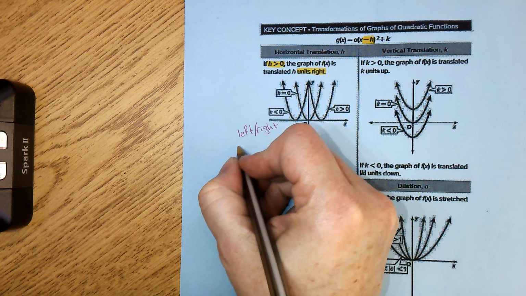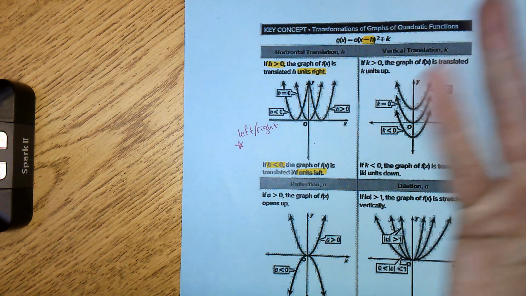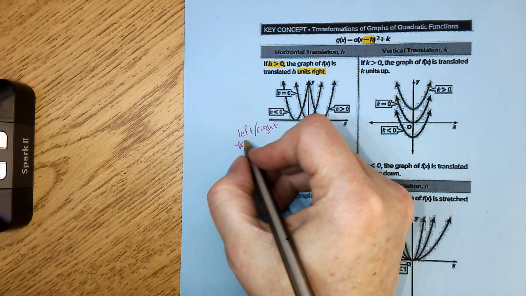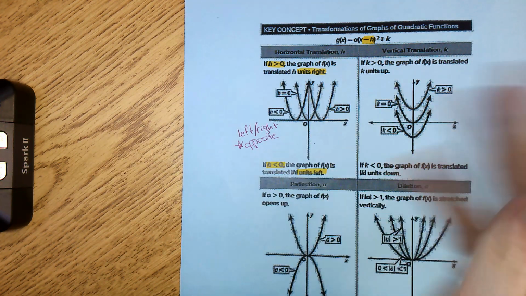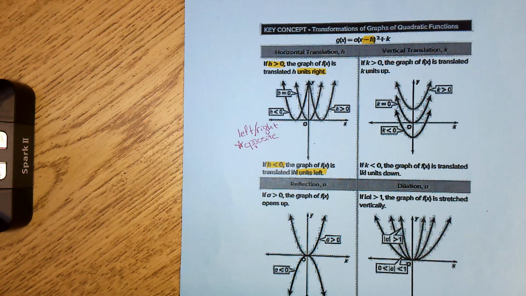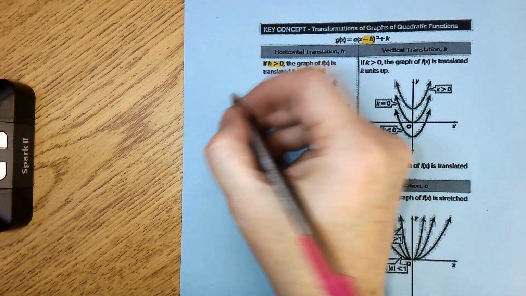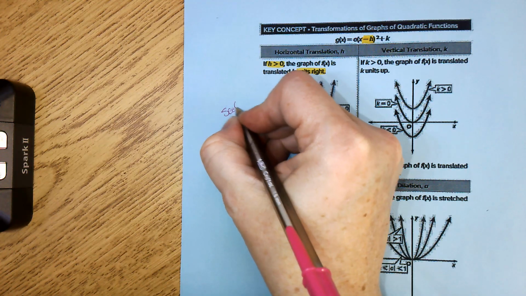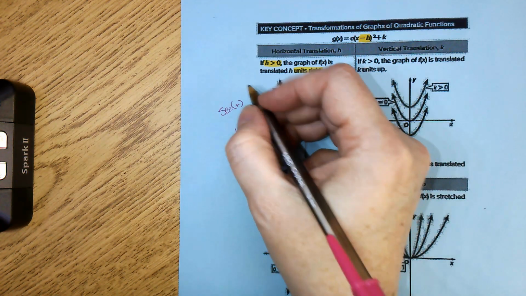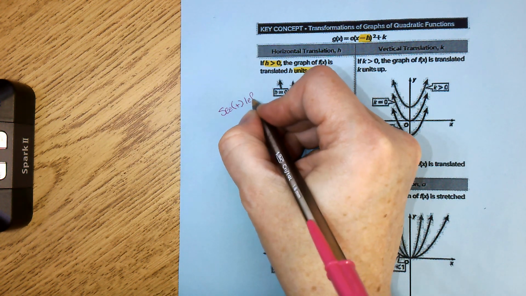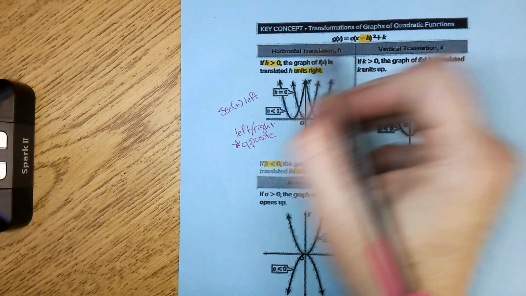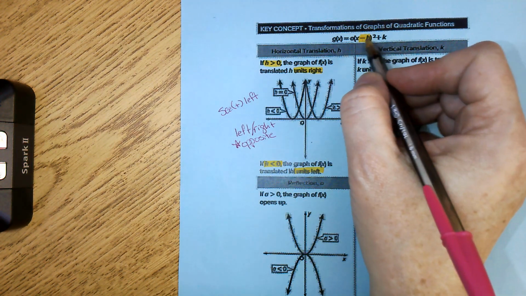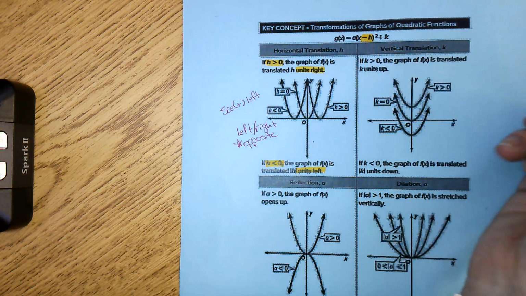But because of that negative sign, we're going to do the opposite of whatever we would have a natural inclination to do. So if you see a positive h, then you're going to move left. Why? A negative times a negative is a positive, so technically it would be a negative number.